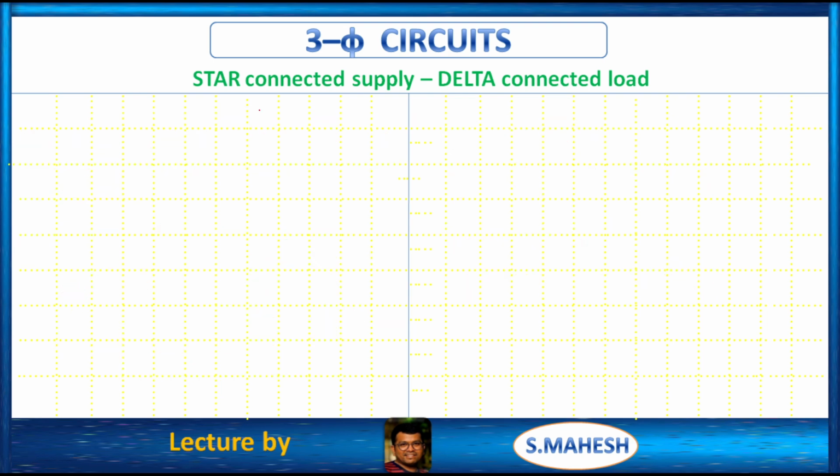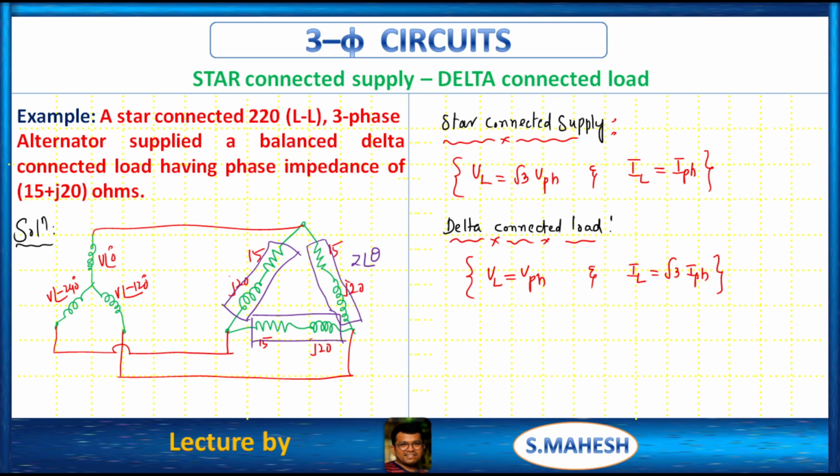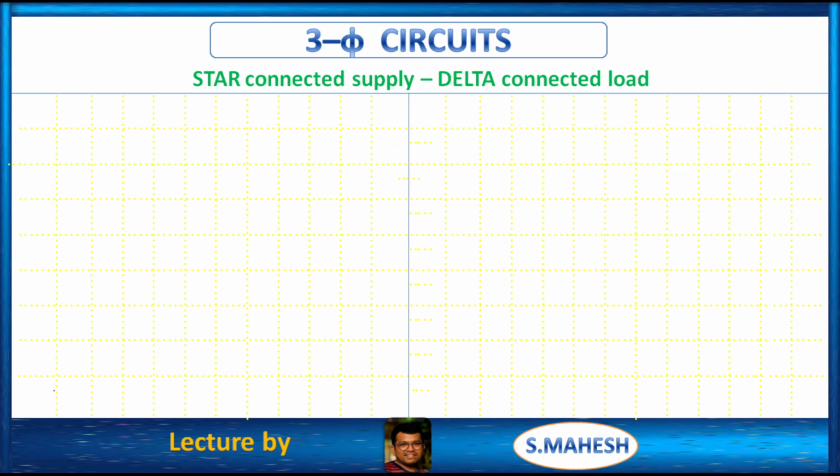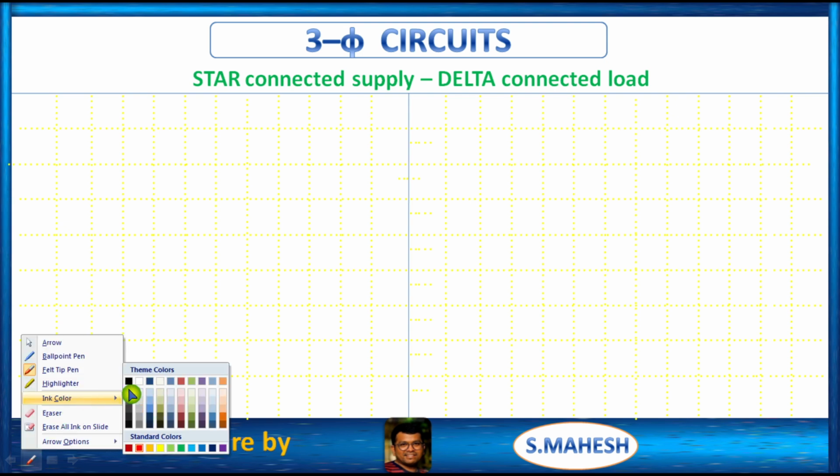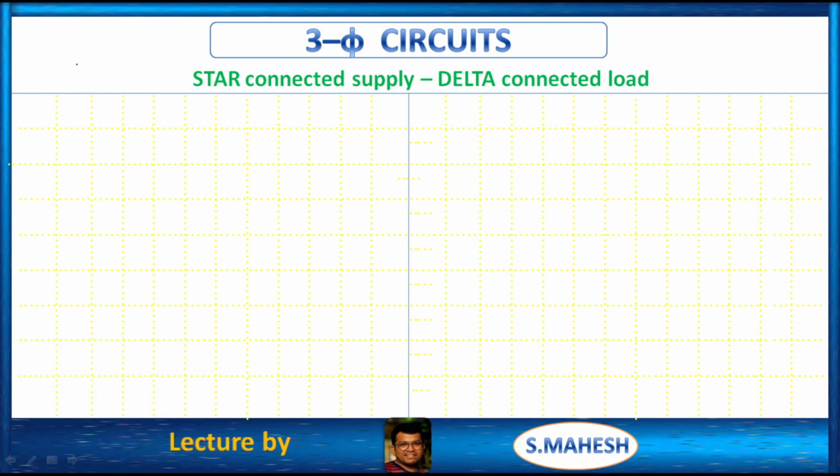Okay, now we can start the analysis. Given the supply voltage VL is 220 volts line to line.